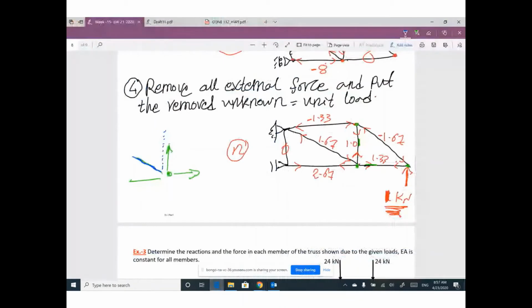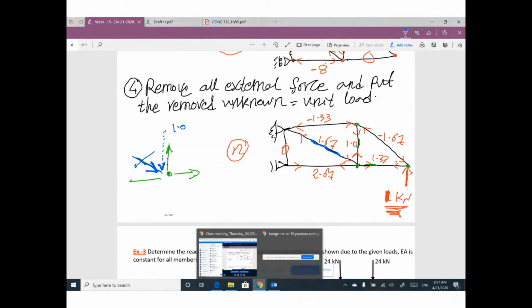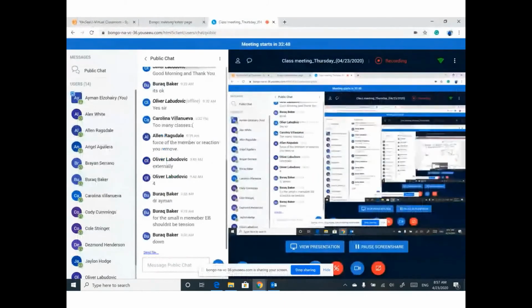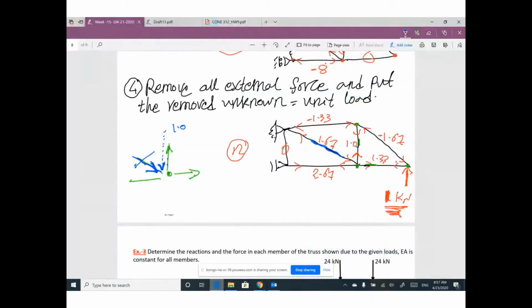So this force, which is 1 for the vertical member, I'm trying to search for something to make equilibrium with this one. So I believe the vertical component of this force must be down. That means the force in this member must be in this direction. That means this member will be in compression. You agree? Okay.